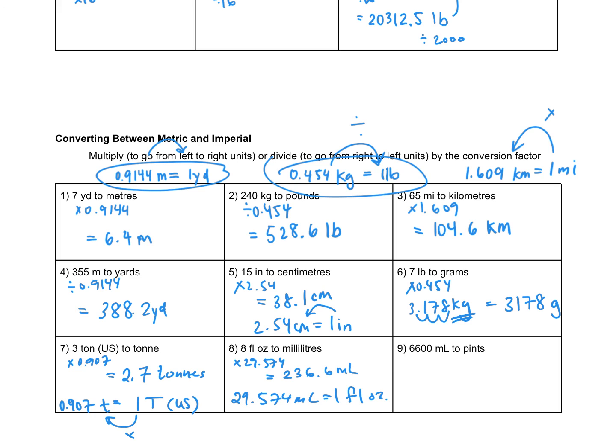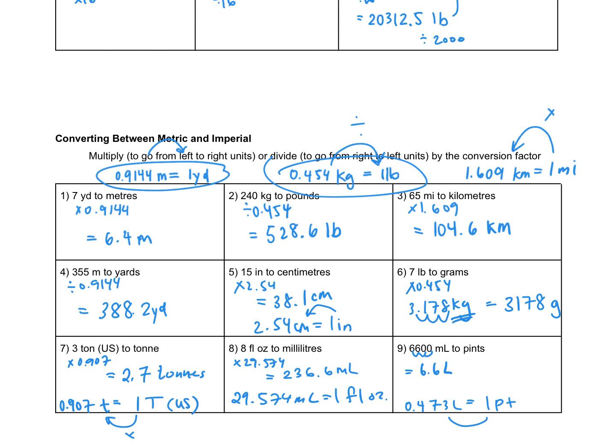And finally, milliliters to pints, which we don't have. We do have liters to pints. So the first thing I'm going to do is take this milliliters and convert it to liters. If you look at your staircase, we are 1, 2, 3 steps upwards. So 3 to the left, which gives us 6.6 liters. Now we can use the conversion that 0.473 liters equals 1 pint.